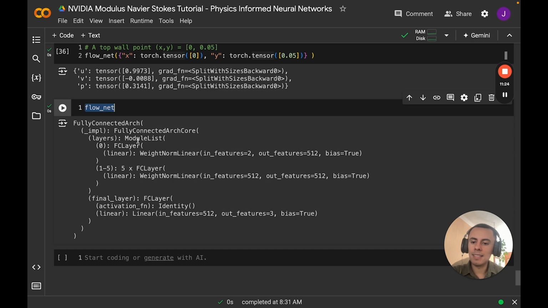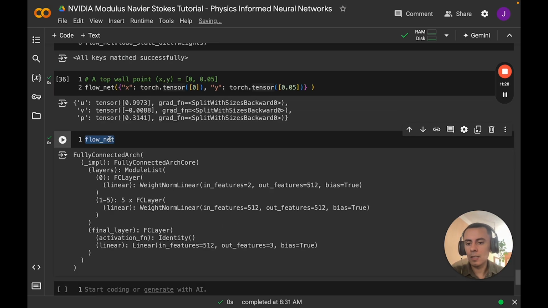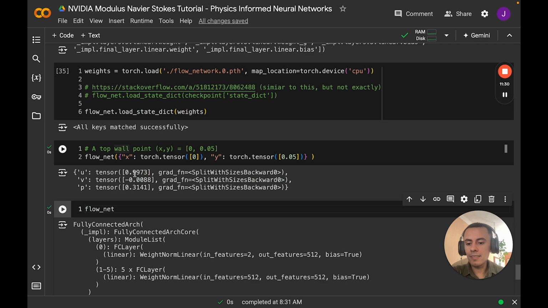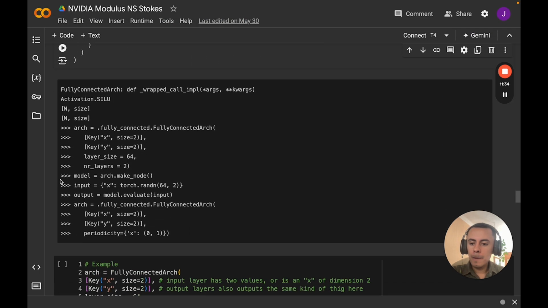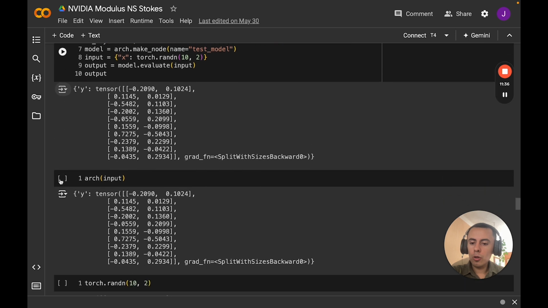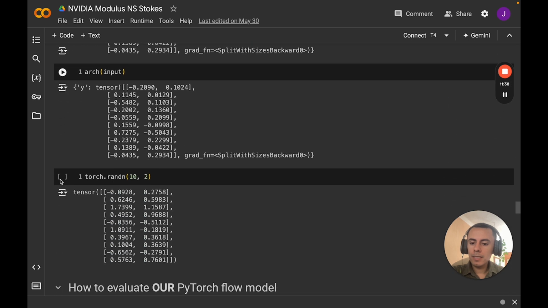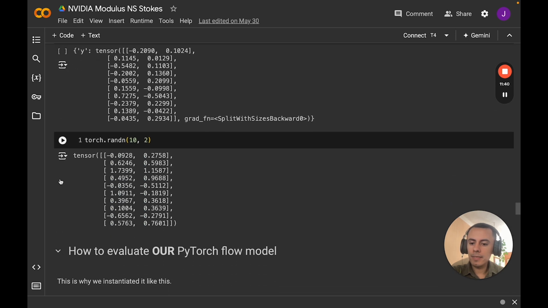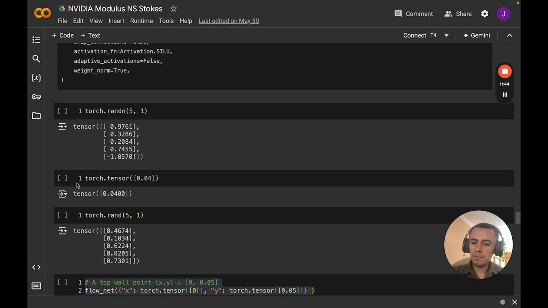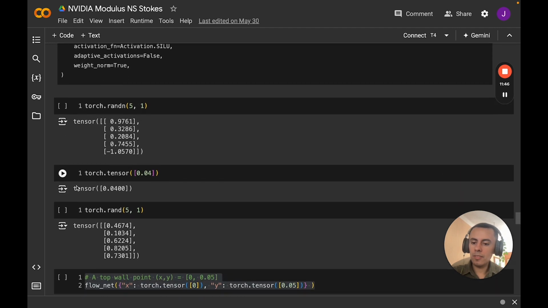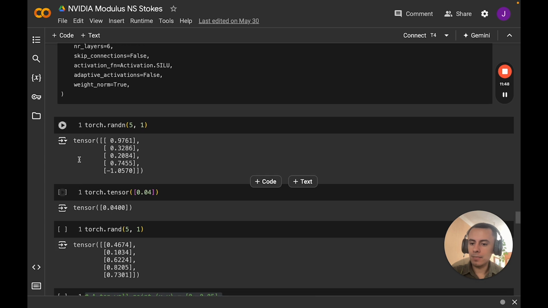You add the weights, and then you have the network, the architecture, and the weights, and then you have something useful that you can see here. Because we loaded the weights, now we get answers. That makes sense. So there are a few things here that I think it's useful to understand. So, for example, how to define tensor inputs.